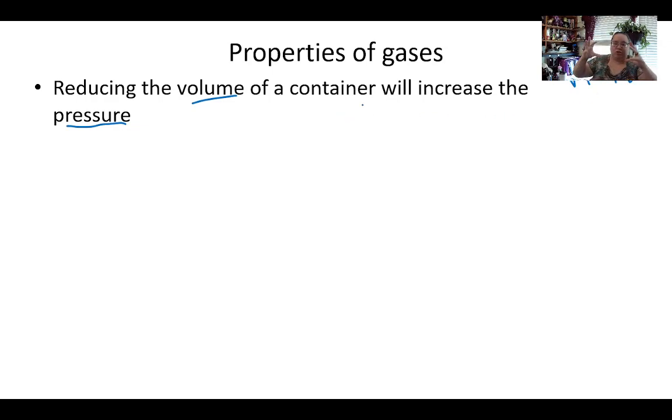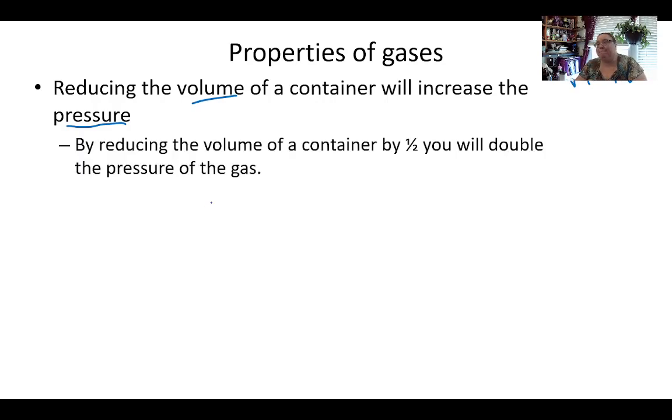If we get a larger container, there's more space for the particles to spread out, which means there are going to be fewer interactions with the wall of that container. So where earlier doubling my number of particles doubled the pressure, now if I double the volume, I'm going to decrease the pressure by half.